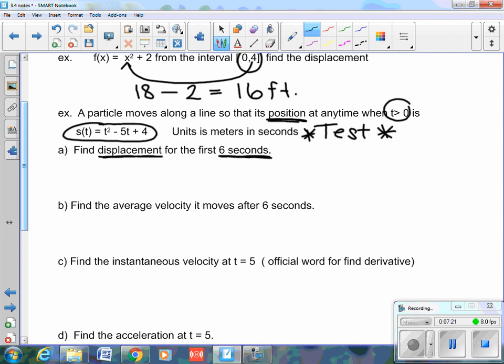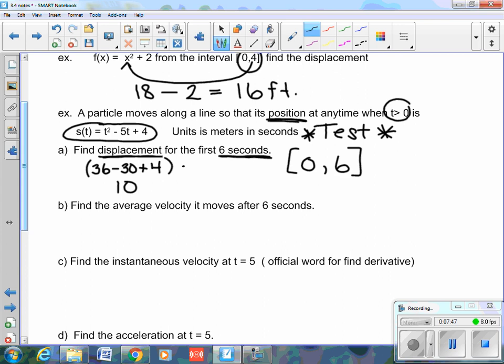So you need to put in the biggest number. Basically, you're going from 0 to 6. It doesn't tell you 0, but you should know that's the displacement from 0 to 6. Do we understand that? All you're going to do is put 6 in here, and you're going to get 36 minus 30 plus 4. 36 minus 30 is 6, and 6 plus 4 is 10.